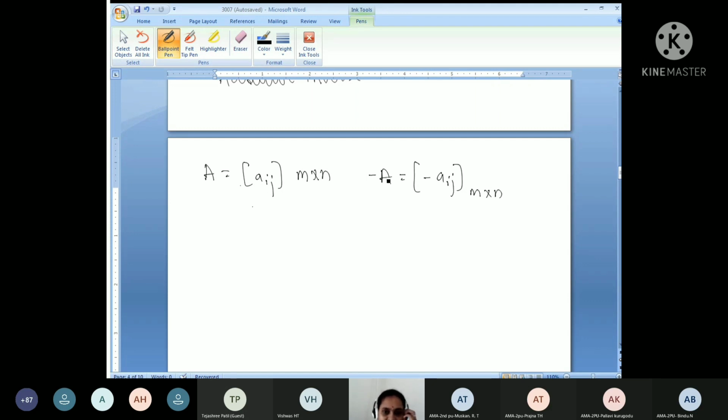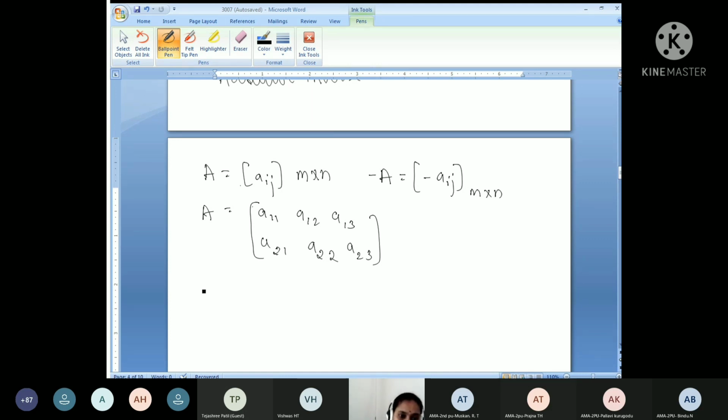Same order. Minus A is nothing but the inverse of A, the negative of A. We discussed yesterday after scalar multiplication, we discussed the negative of a matrix. Also we discussed how it comes: minus 1 into A. So I would like to give an example. If A is equal to A11, A12, A13, A21, A22, A23, then for its additive inverse, what should happen?